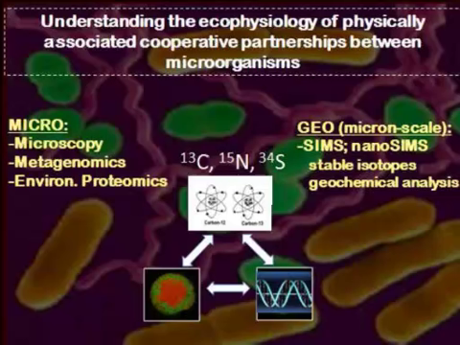In particular, I've been using secondary ion mass spectrometry, or SIMS, or nanoscale SIMS, to query the isotopic or elemental composition of individual cells in the context of mixed complex microbial communities. So really working at the interface of imaging the microorganisms in their natural habitat, looking at their geochemical signatures and metabolic potential through these molecular biomarkers is allowing us to get a much richer picture of what's going on in a variety of environments.